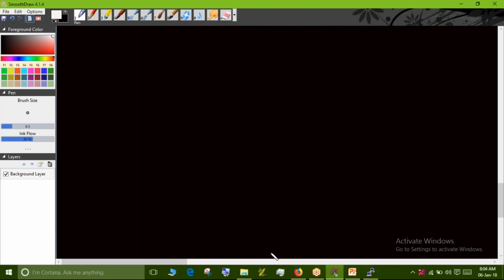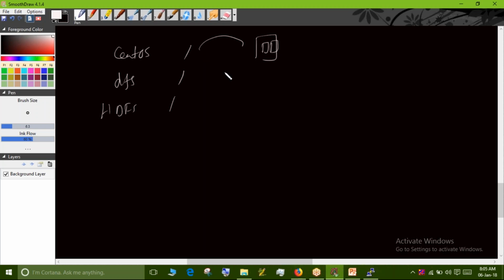My pain in giving you all these things is to make you understand. If this is your CentOS, you have a root. If we have a distributed file system, then also we have a root. Even when you come to HDFS, you will have a root. But in the background, if you see only one machine, inside the machine we may have 2 hard drives.